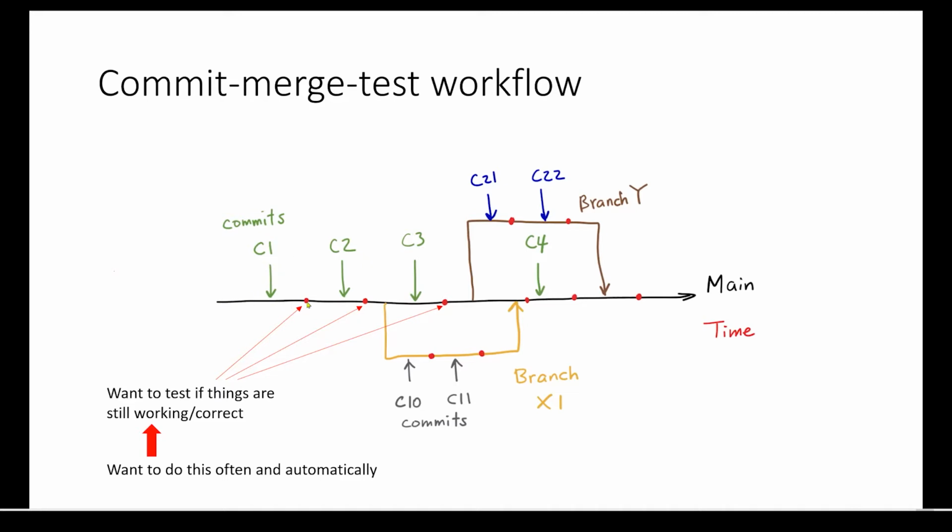If you look at the axis here, from the viewpoint of your main paper, every time there is a commit, the state of your paper is different from the state before, right? Some words have been changed and so on. So when something is changed, you want to make sure that that change is valid. Valid can mean different things.